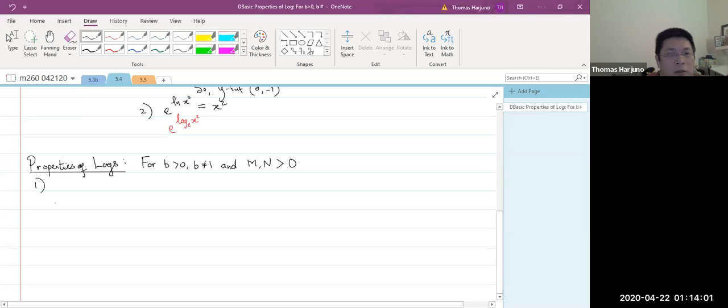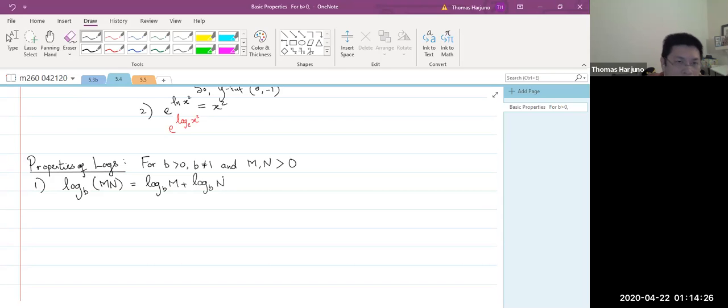Then log base b of m times n is equal to log base b of m plus log base b of n. That's the first one you need to memorize. Log of product equals sum of logs.